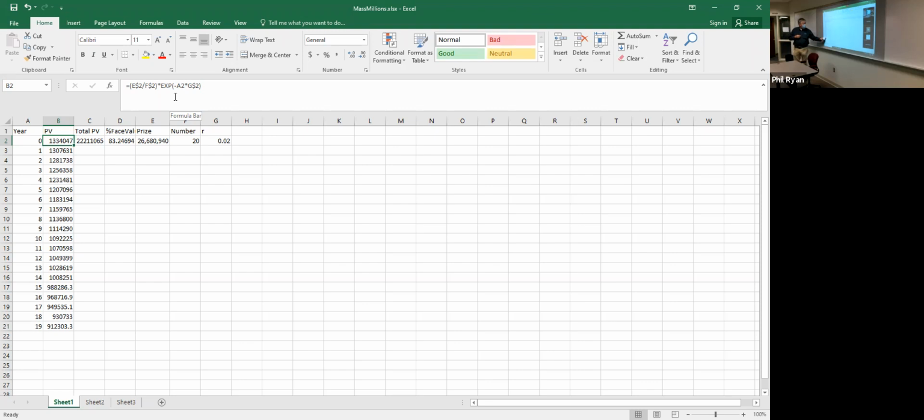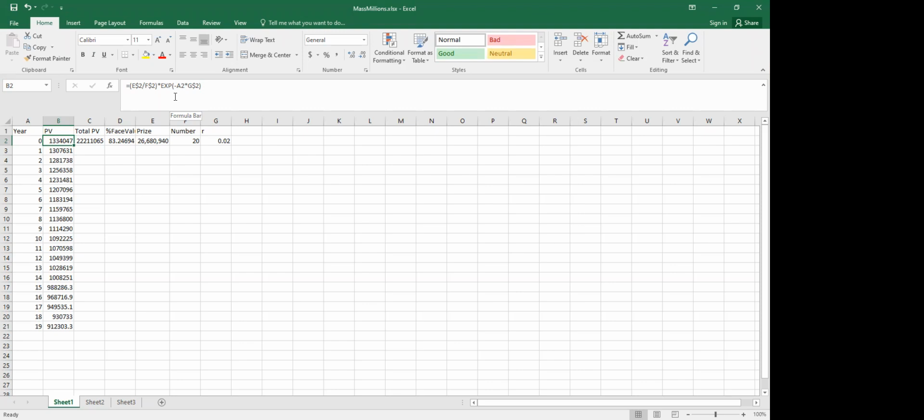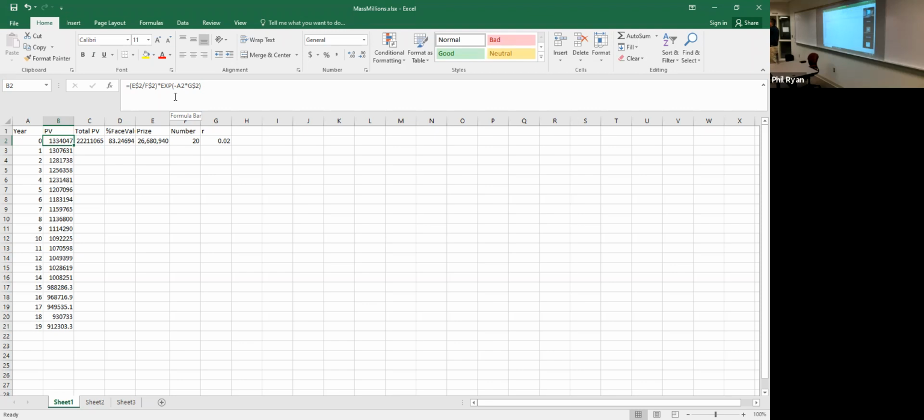In fact, in the last payment, the 1,334,000 is actually worth 912,000. That's because if you take 912,000 now and put it in the bank at 2%, you'll get 1,334,000 at the end of that time.